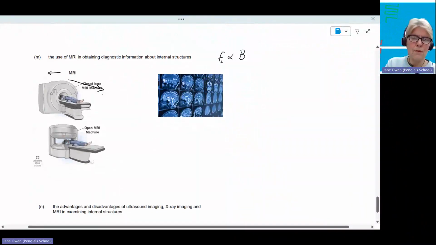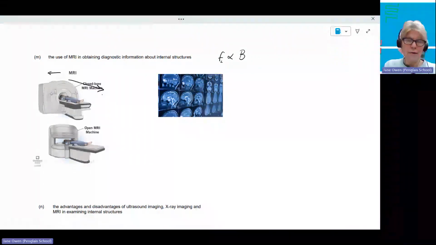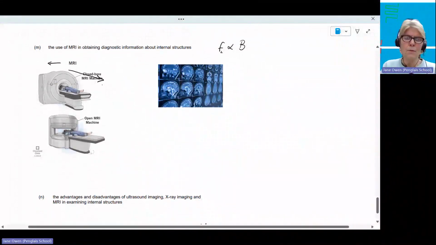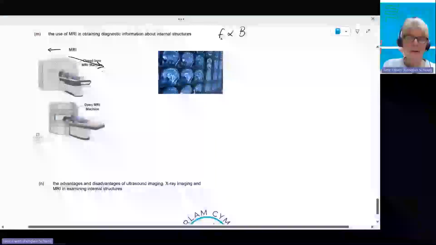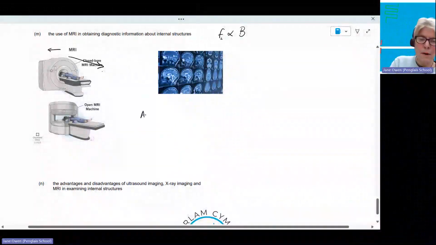If people do suffer from claustrophobia, we can use an open MRI now, but this does affect people suffering from claustrophobia or dementia. But it does give you very good spatial advantage.